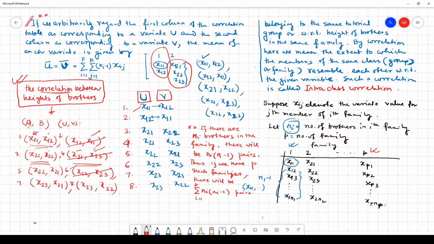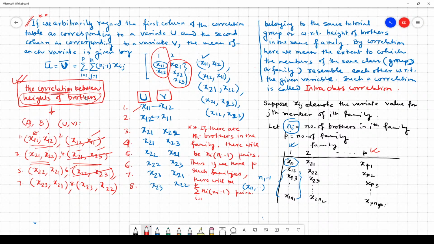Moreover, please listen carefully, because we want to find the correlation between heights of the brothers, that should be the relation between elder and younger. If you consider elder first, then younger second, then we need to consider younger first, elder second; both pairs we need to consider.